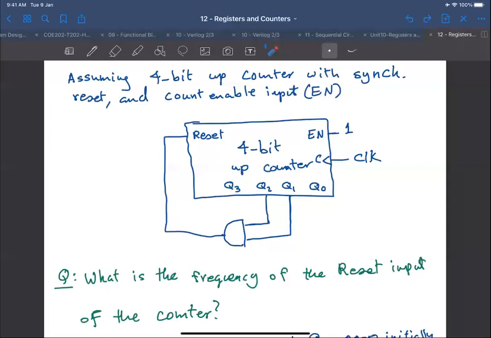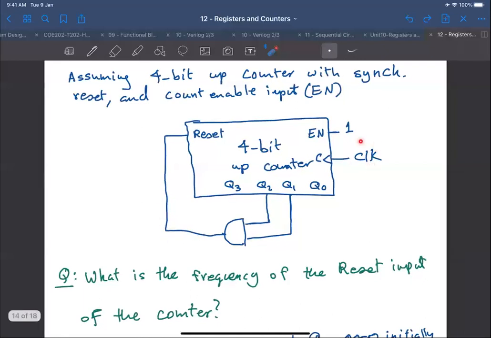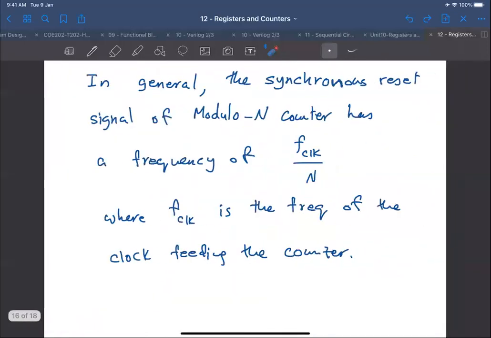So when you say modulo 6, what does it count to? Modulo 6 counts up to 5, but this one is modulo 7. Excellent. So this is modulo 7, and that's why the frequency of this signal here is this frequency here divided by 7, which is n. So in general, if you have a modulo n, then the frequency of the synchronous reset signal is f clock divided by n. Clear?